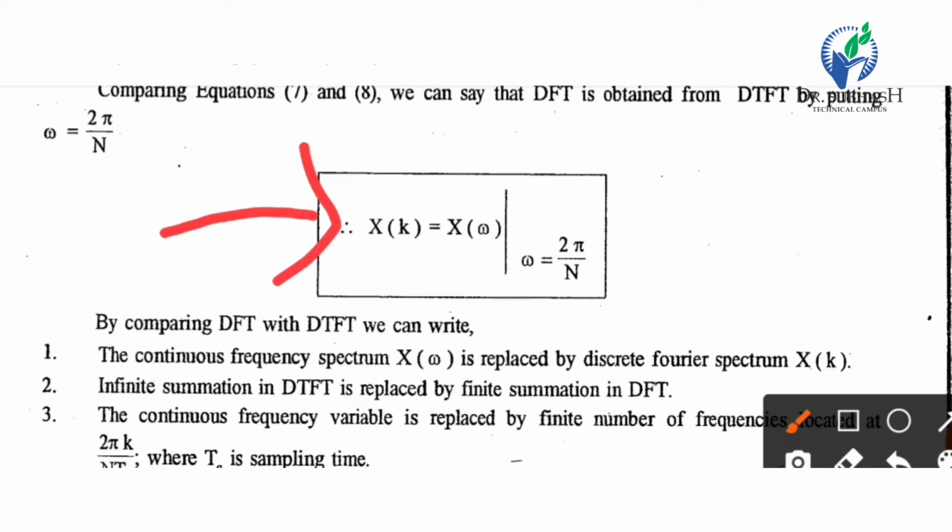The condition is omega equal to 2 pi by N.